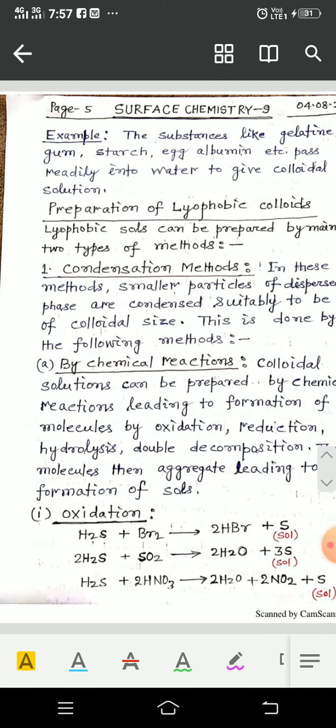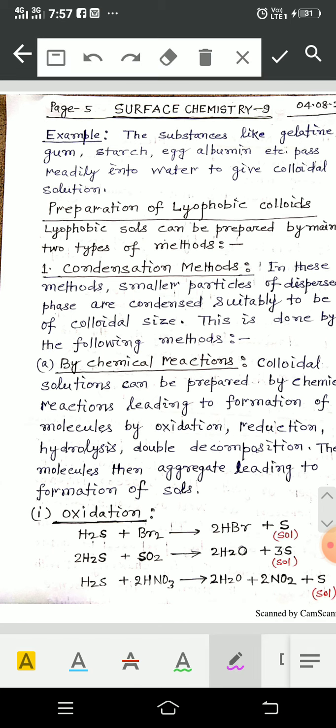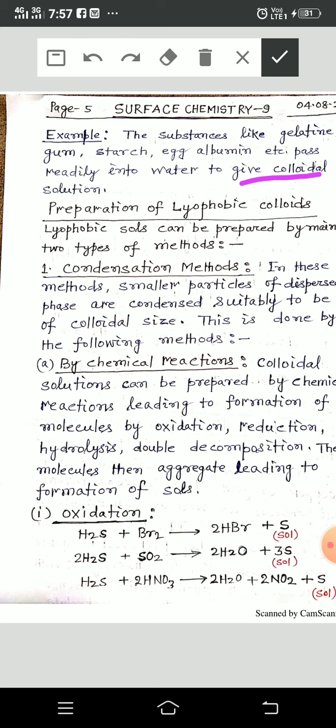Now, on page number 5, substances like gelatin, gum, starch, egg albumin, etc. pass readily into water to give colloidal solution. Preparation of lyophobic colloids.